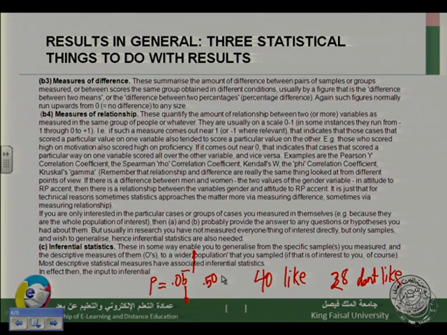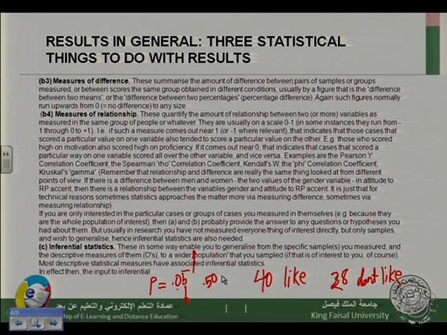There is a difference. It should be 0.05. This is the level of significance that we want to reach in order to say, we have significant results.